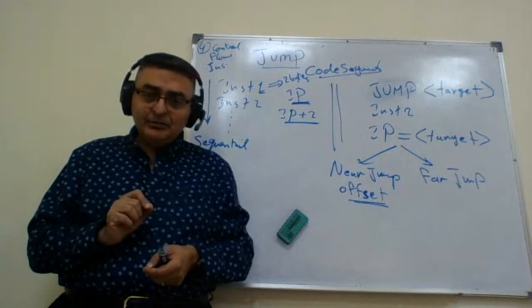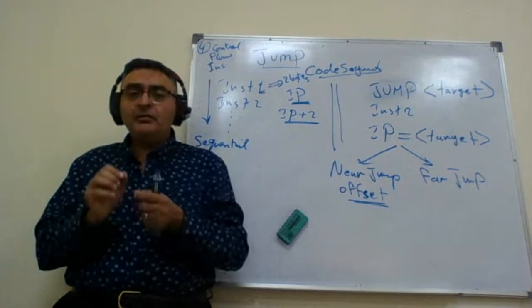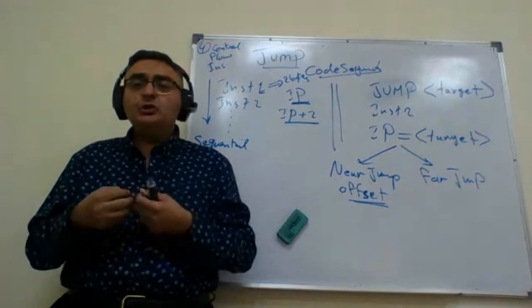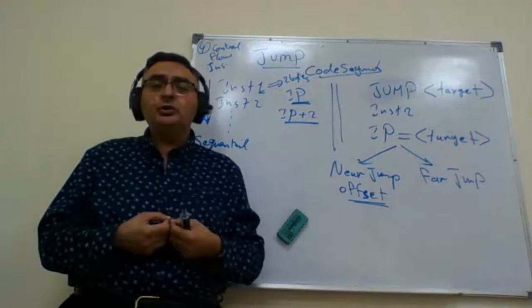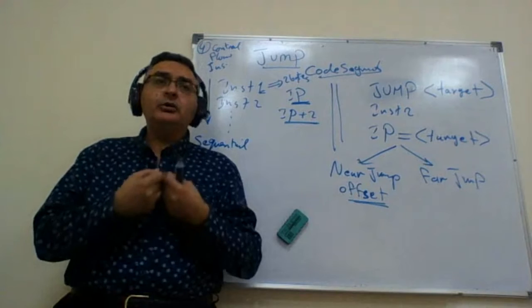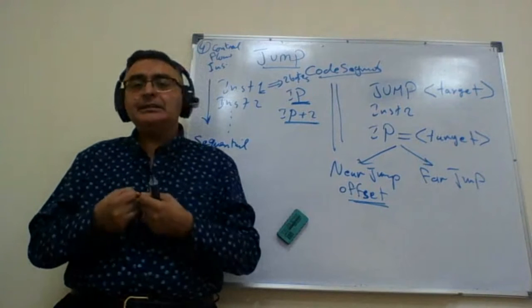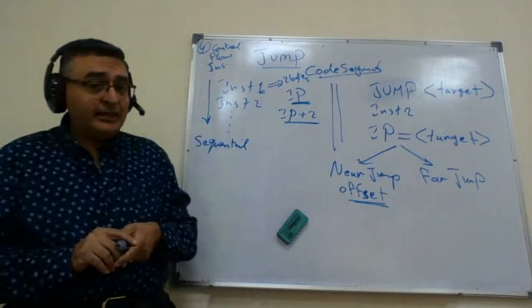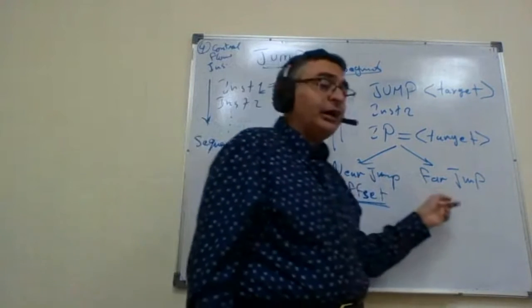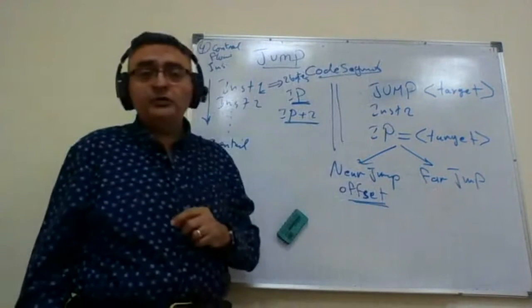In that case, I may decide at a certain point inside my code to go out of the code segment to execute the instructions that I already stored in the extra segment. In that case, I don't want to do a near jump. I do what's called a far jump. Why do we call it far jump?